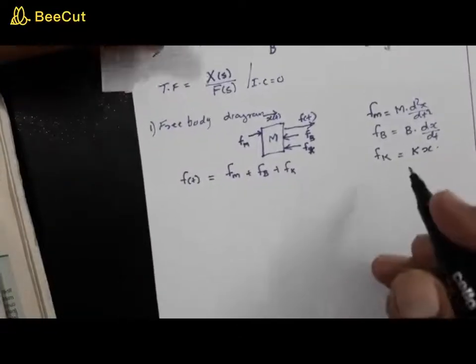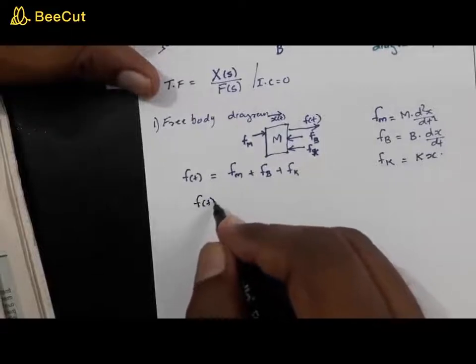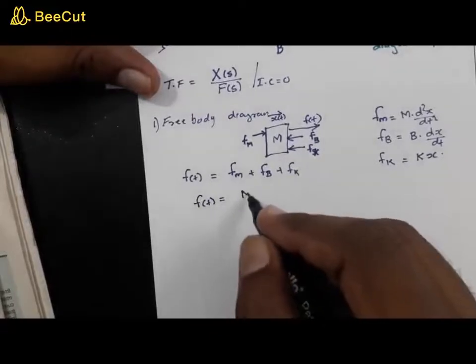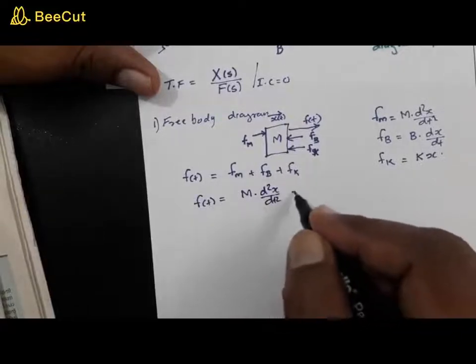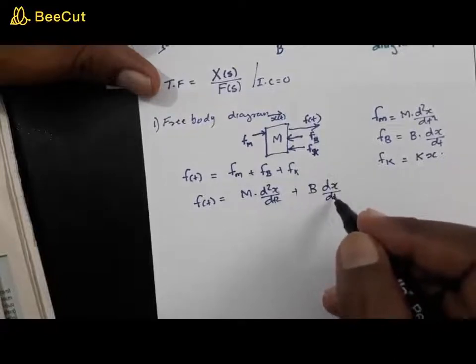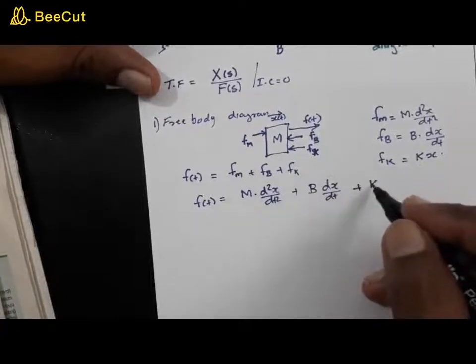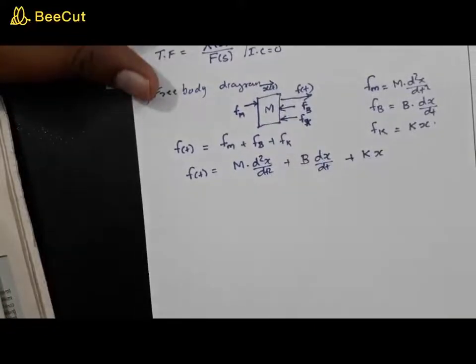So you can write this equation as f of t is equal to m into d square x by dt square plus b into dx by dt plus k into x, right? So you got one equation.